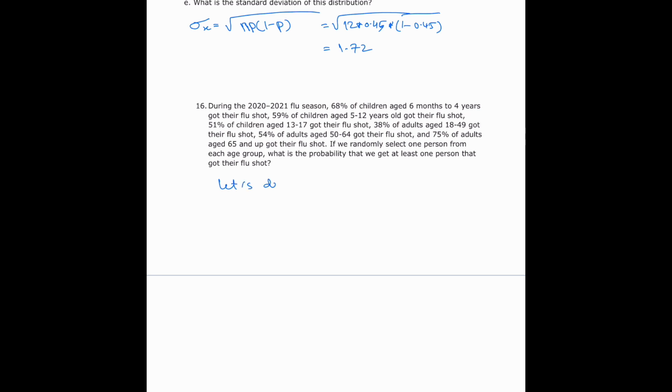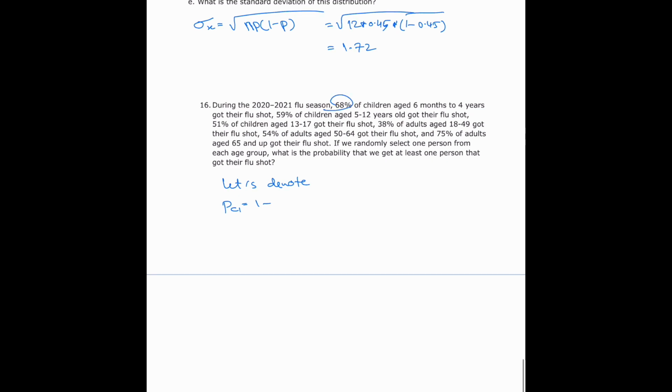So let's denote that PC1 represents the probability that a child between the age of 6 months to 4 years old didn't get their flu shot, which means 1 minus the probability that they got their flu shot, 0.68, which will equal 0.32.